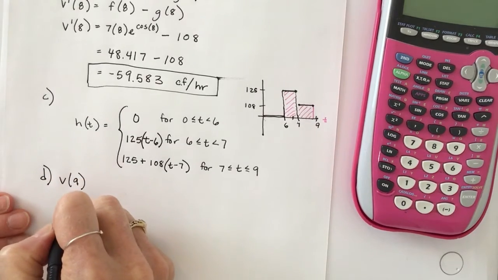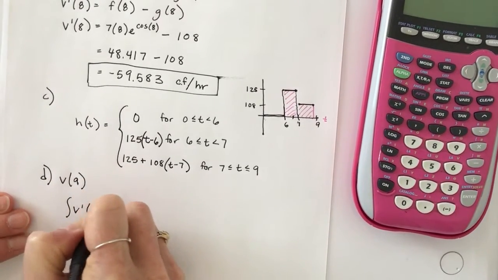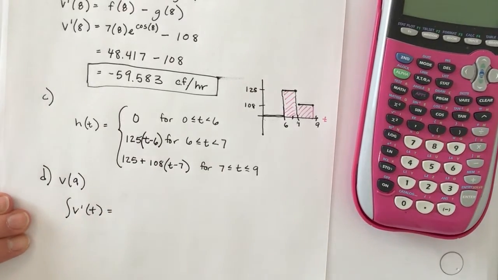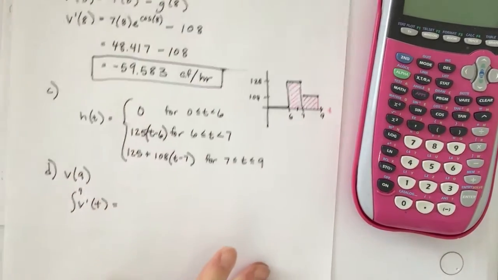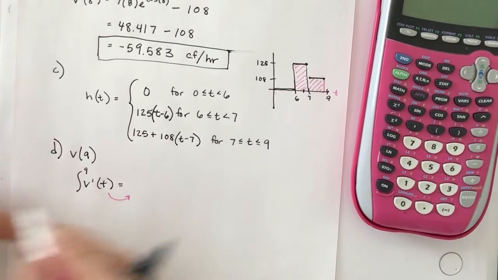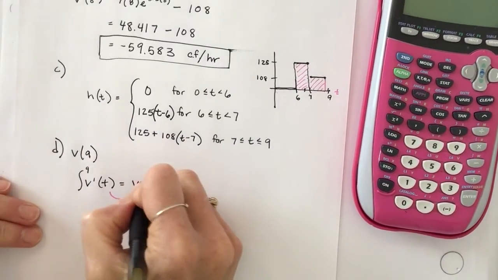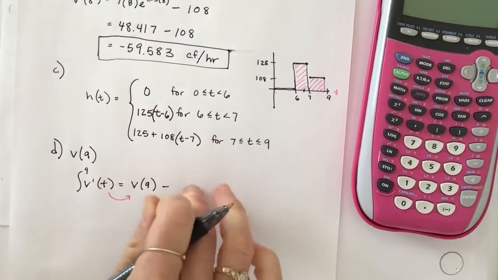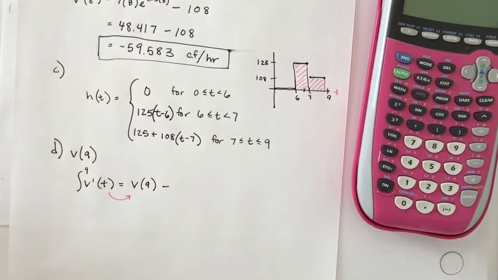Let's see. So if we anti-derive V prime of t, and we want to know V of 9, we get V of 9 minus, and do we have an initial amount? I guess we do. Let's think about this. Yeah, let's start at 0. We know at time t equals 0, we have 0, right?